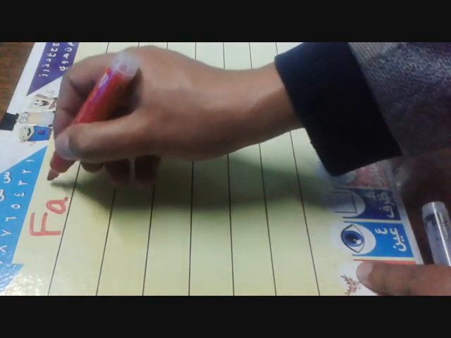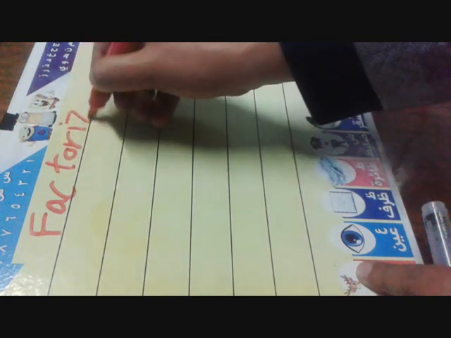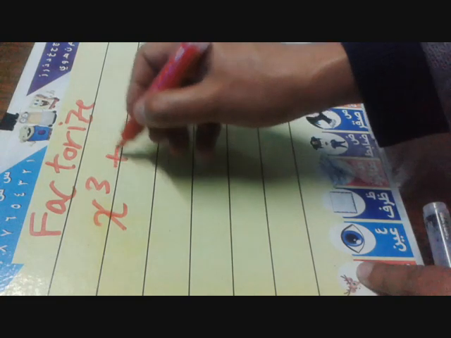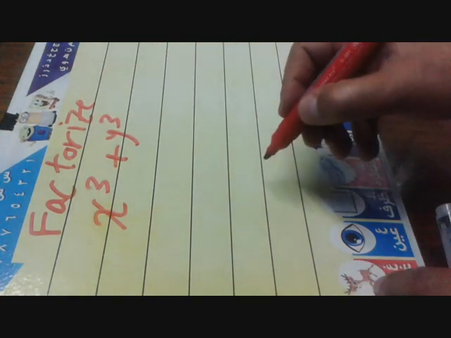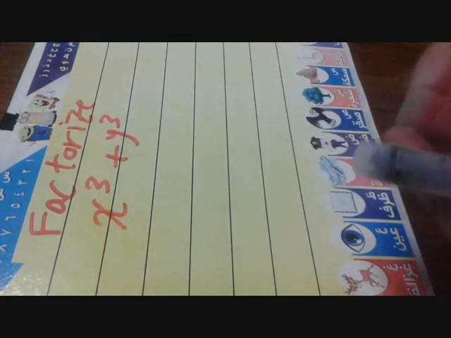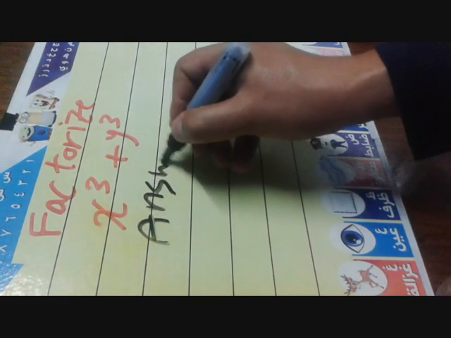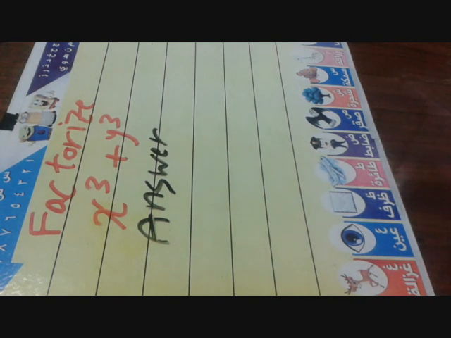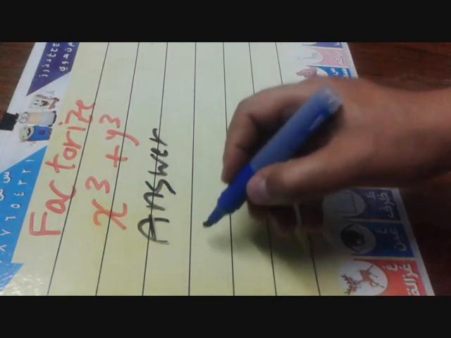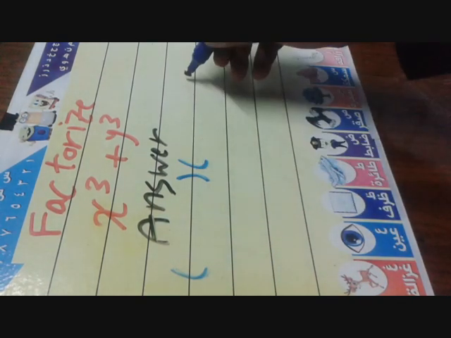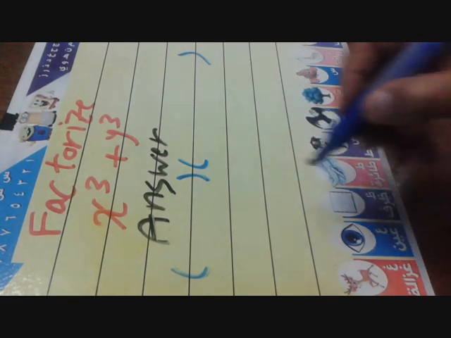Factorize x cube plus y cube. Answer: open a small bracket and a greater bracket.